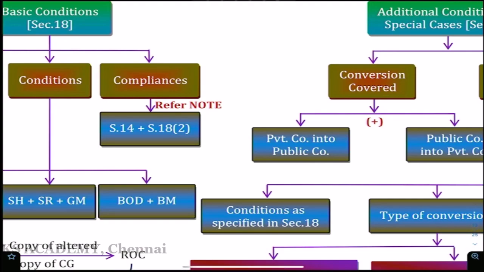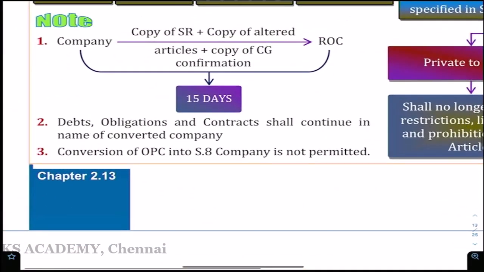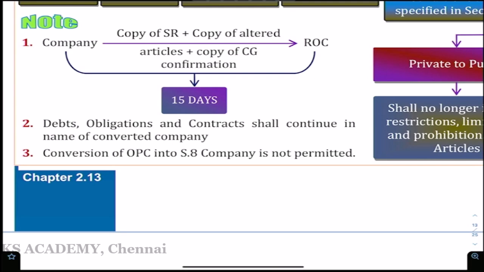Next, after that, compliances required. Refer note, section 14 and 18 to here I have written. Okay, read. Company has to file a copy of special resolution and the copy of altered articles and a copy of central government confirmation to the ROC within a period of 15 days. Here I have written clearly, within a period of how many days? 15 days.